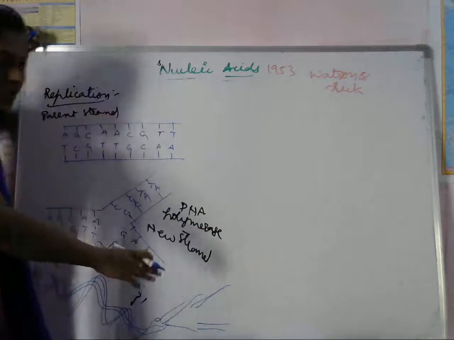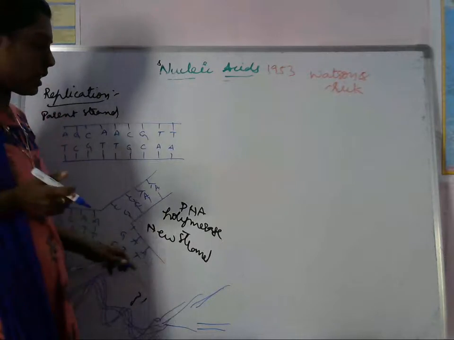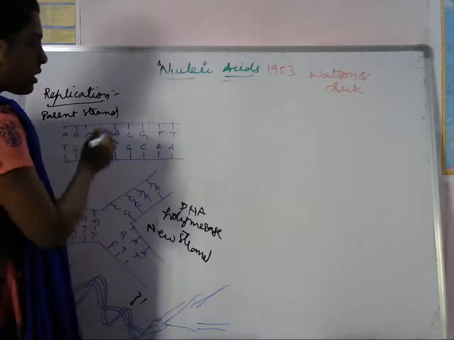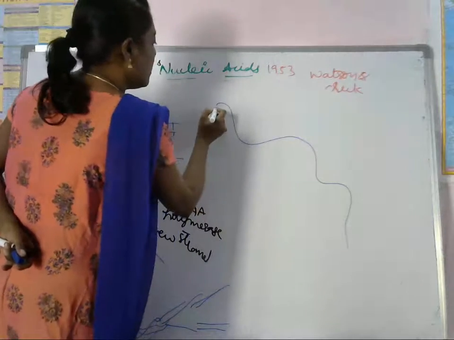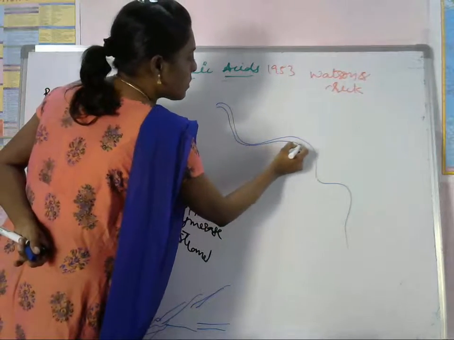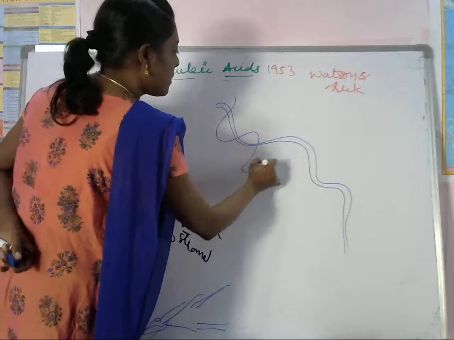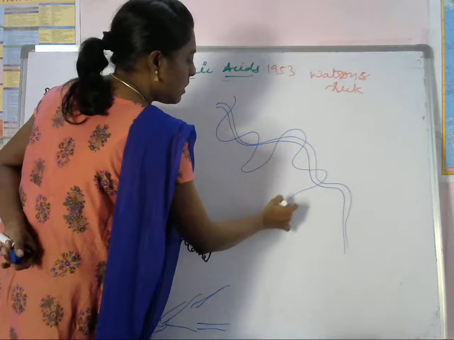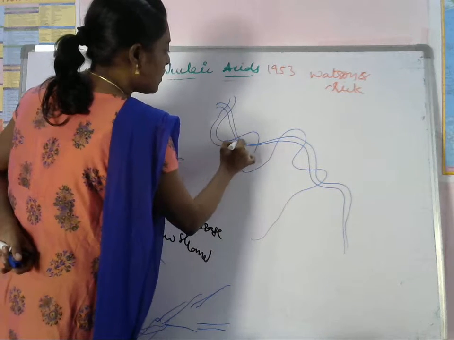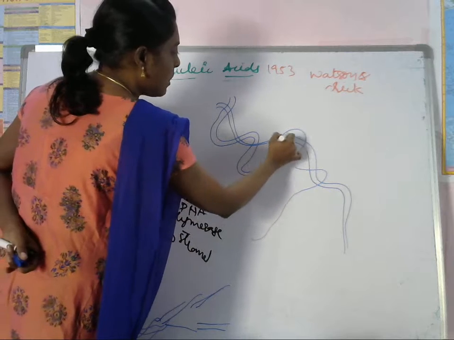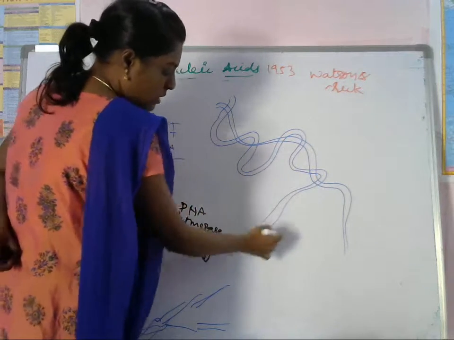The new strand will be produced like this. We'll get this one. Okay, so here this is the double stranded one, which is in helix form, and which produces the daughter strand. Okay, daughter strand.